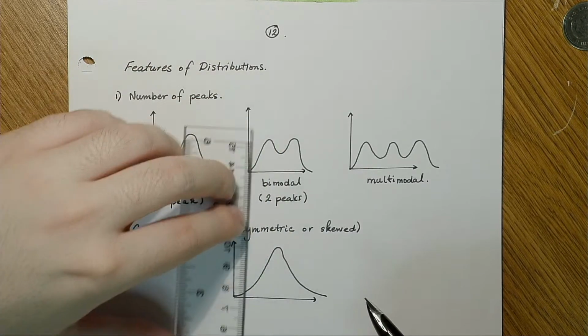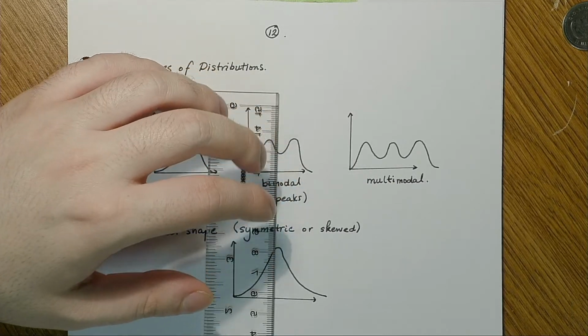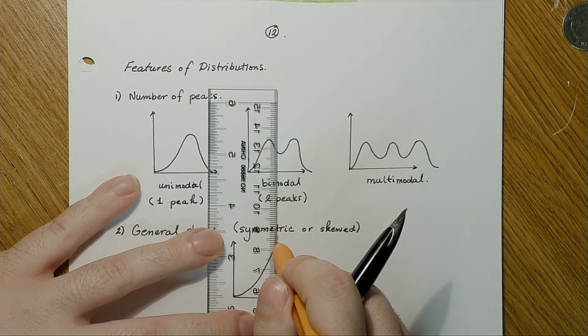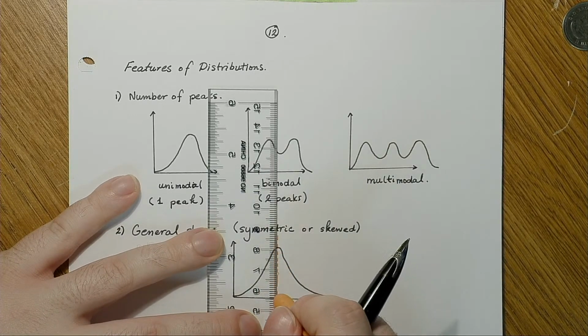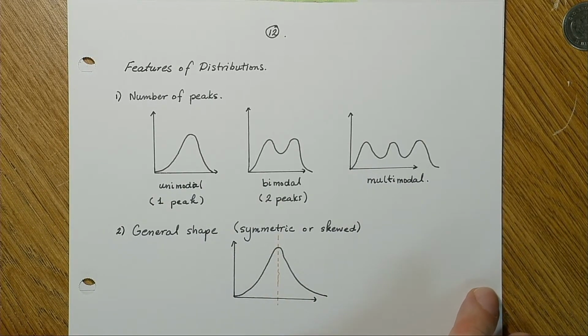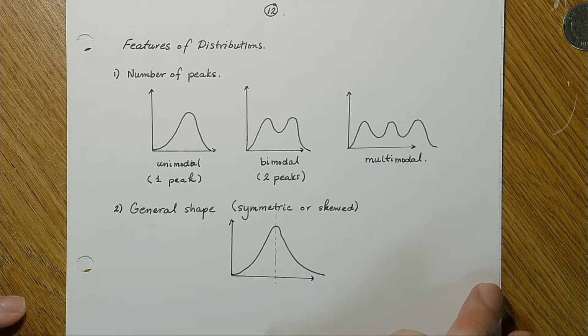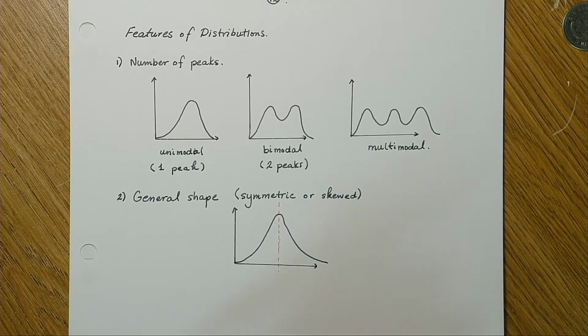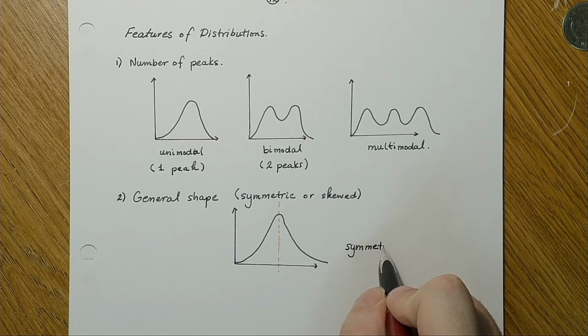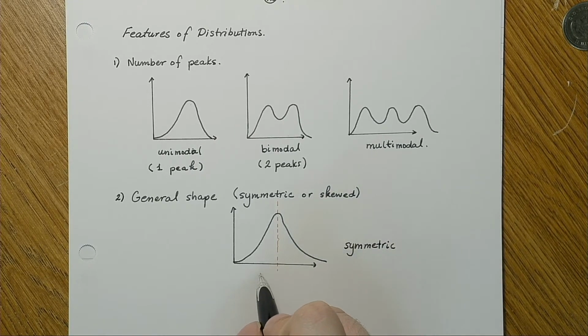And basically we can almost even draw a line of symmetry. So this is symmetric. There's the line of symmetry.